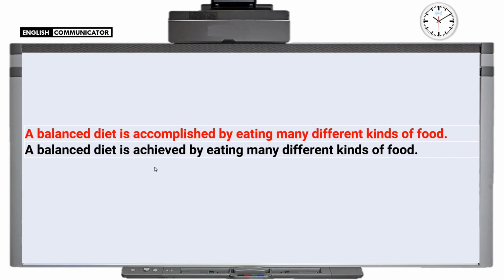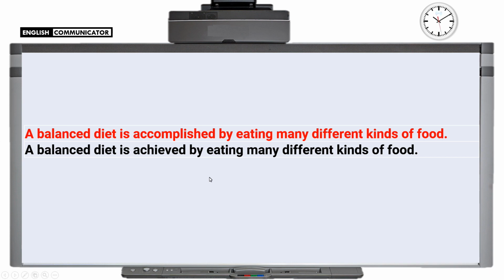You have to achieve the laptop. It's right that I want to achieve a big amount of laptops from this type of sack or this container. So again I repeat, to give you easiness and simplicity, a balanced diet is achieved by eating many different kinds of food.